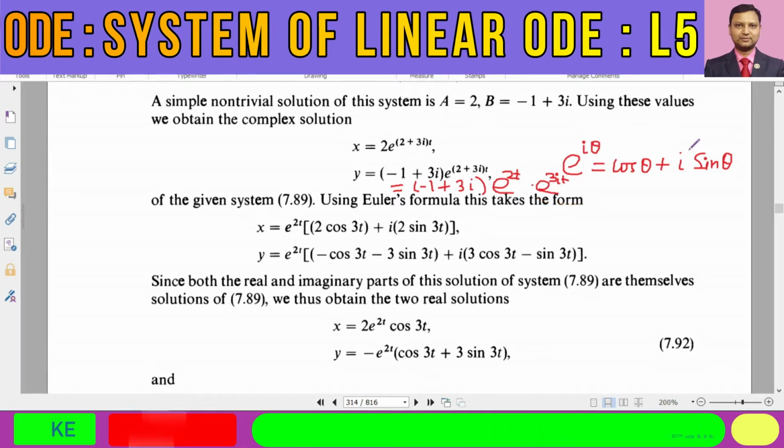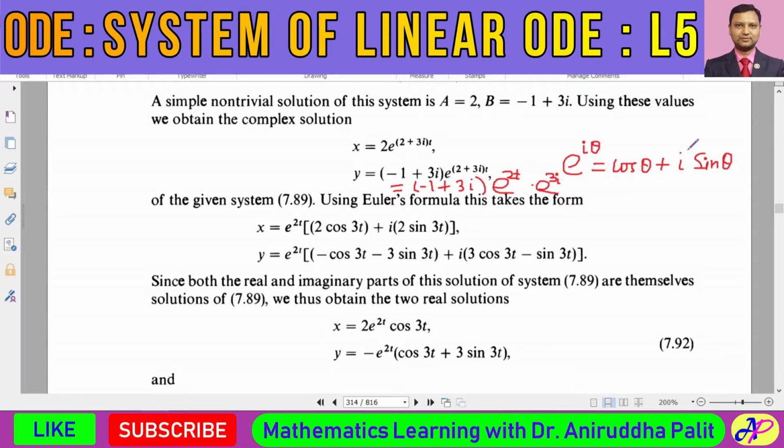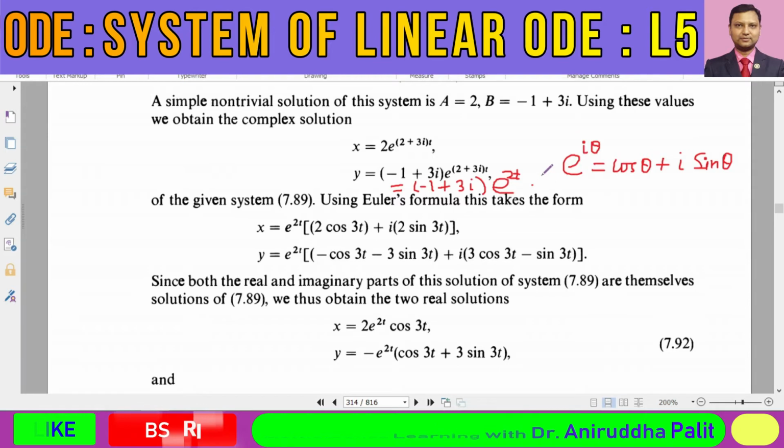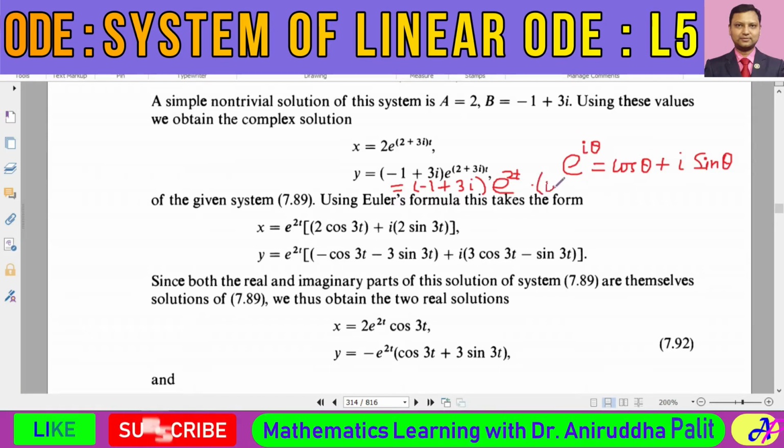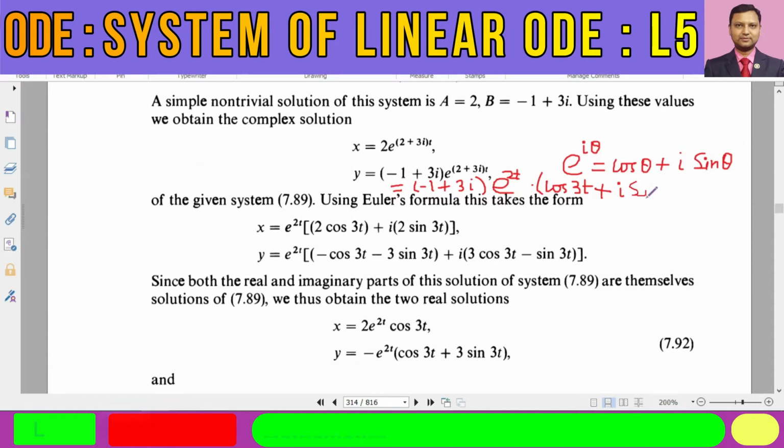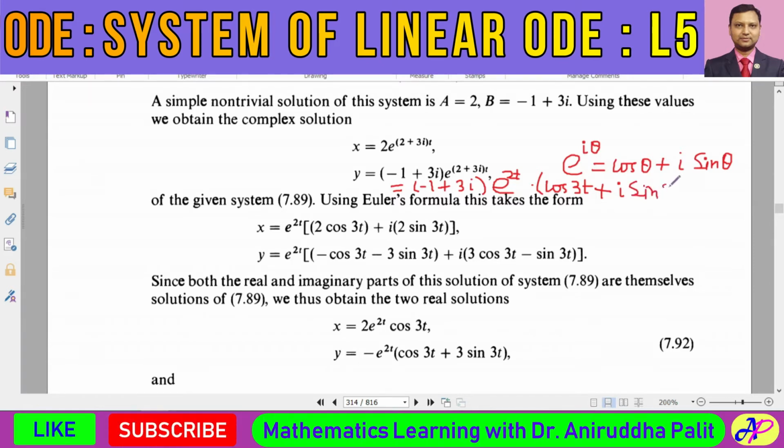After expansion of e to the power of 3it, we shall write this kind of expression: cos of 3t plus i sine of 3t.